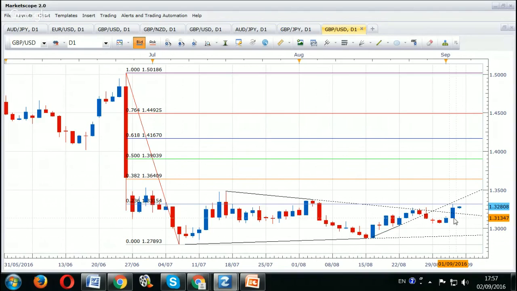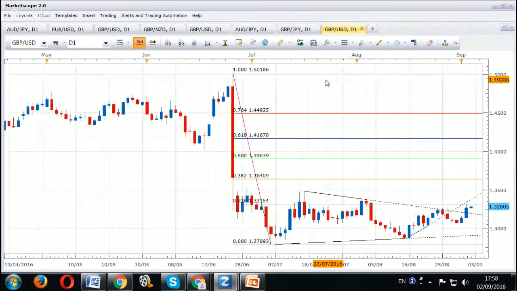But I would still like to go long on dips, or at least I would avoid entering into positional shorts so long as I do not see a day end close below 1.3059. Once I have a day end close below 1.3059, I would prefer entering into positional shorts for a target of 1.2950, 1.2789 or so. So that's my take on GBP USD.